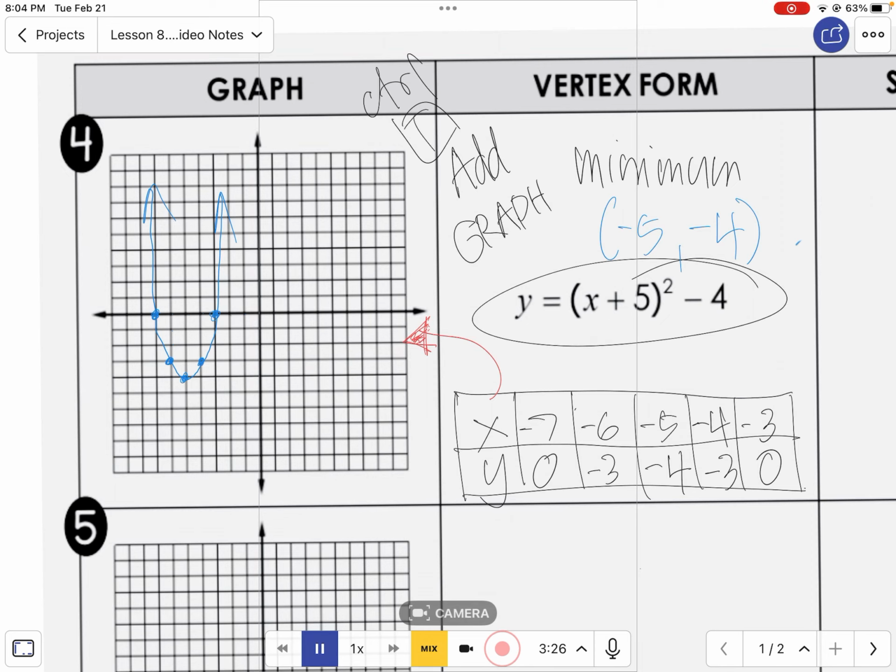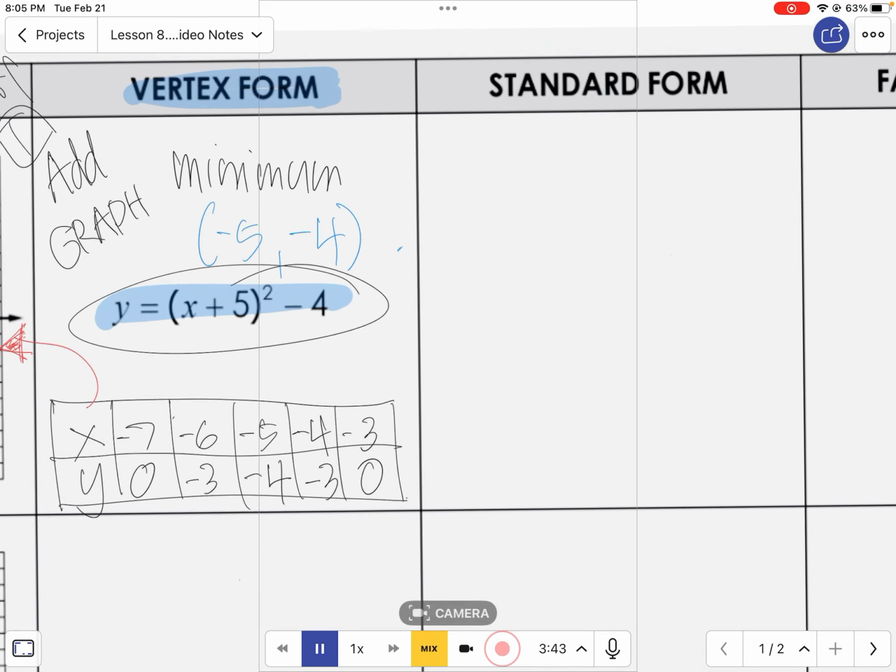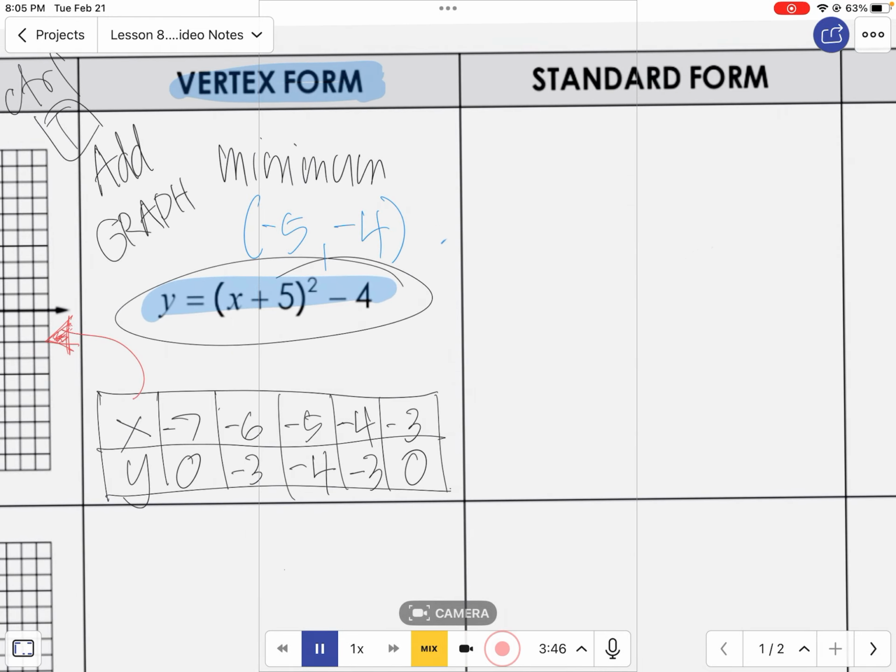Now how do we express the vertex form of a quadratic equation, y equals (x + 5) squared minus 4, in the next form of quadratic equation, which is the standard form?